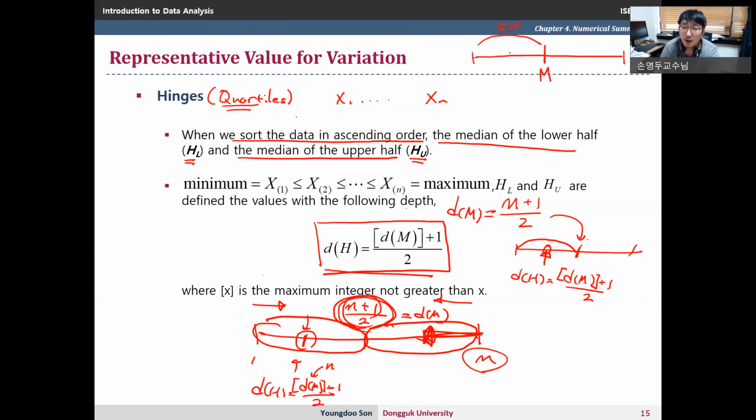The hinges are the values that locate the 25% point here. And this one, 25% from the minimum, is called the lower hinge, and 25% from the maximum is called the upper hinge.